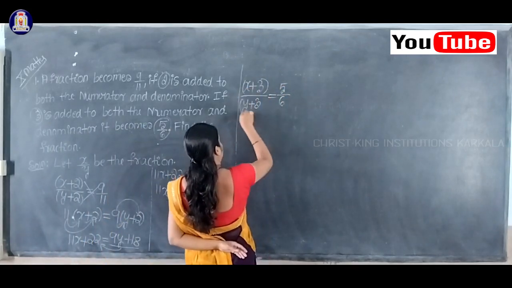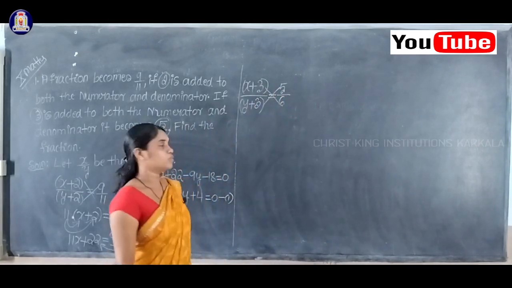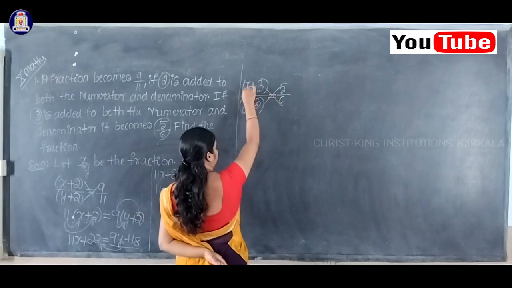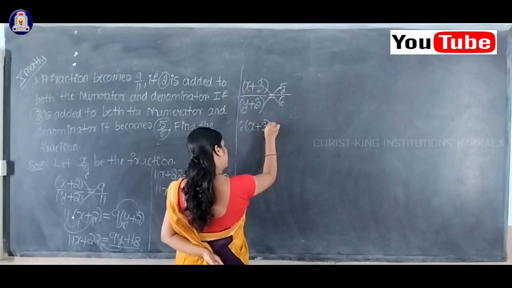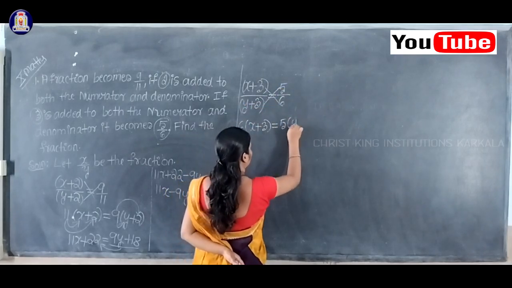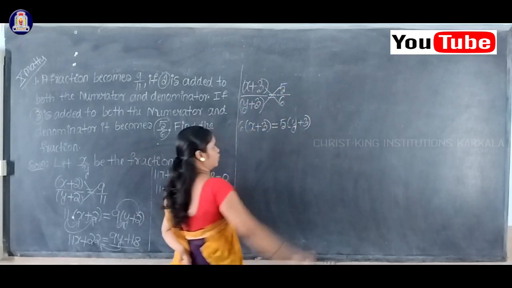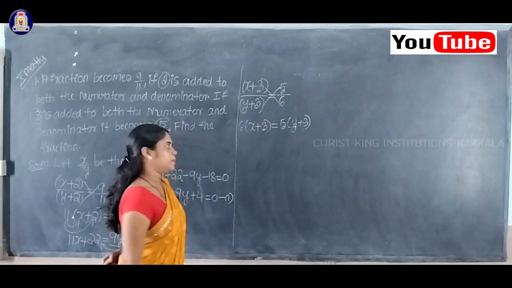Now I'll do the cross multiplication: 6 into x plus 3 equals 5 into y plus 3.